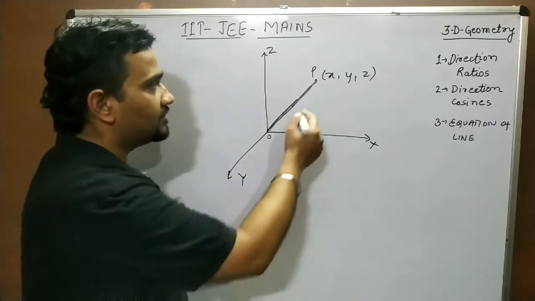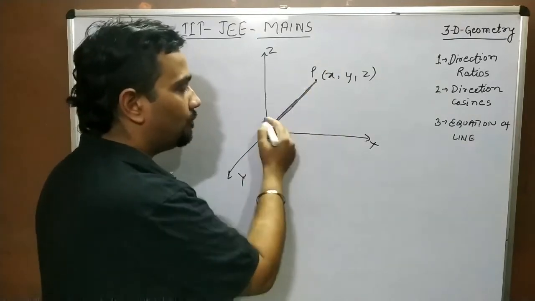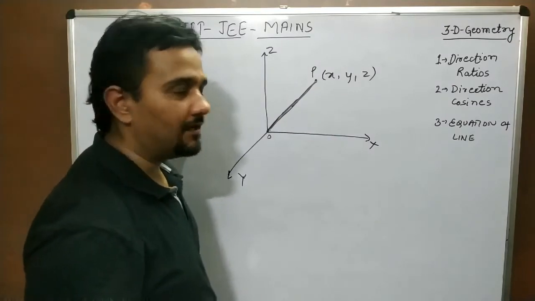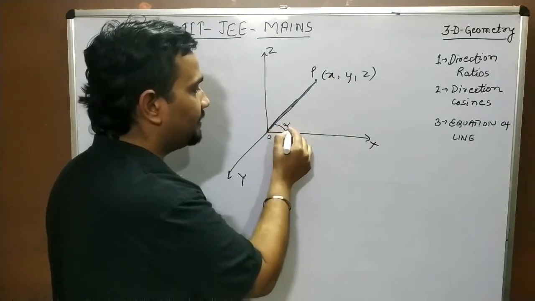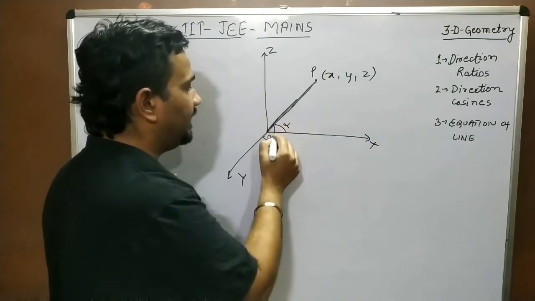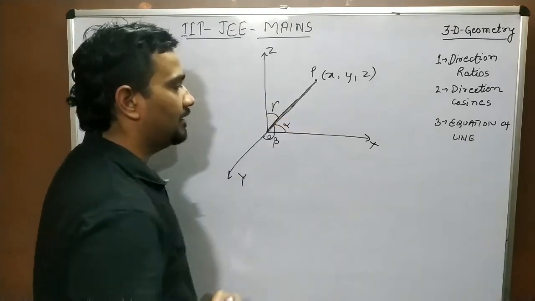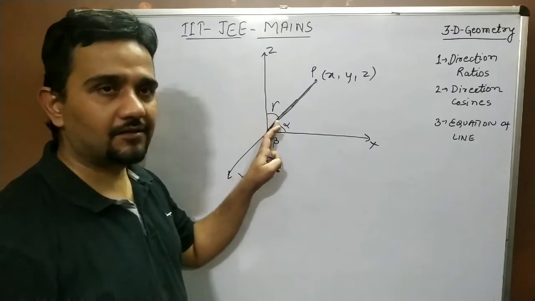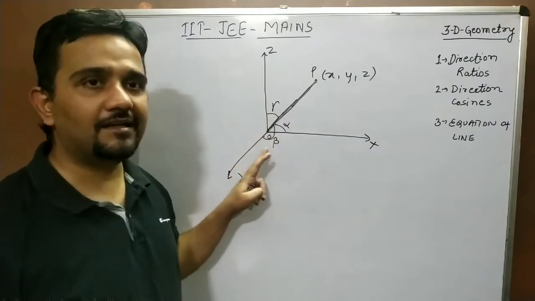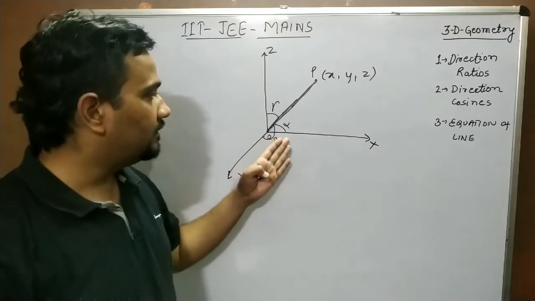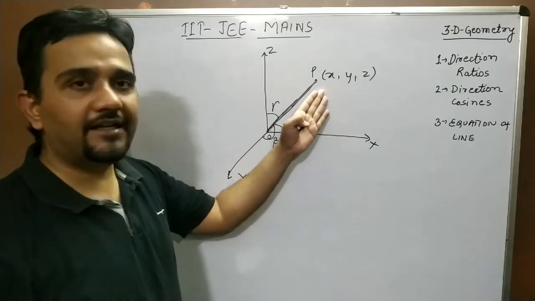Suppose this point is connected with O by the line OP, and the line OP makes angle alpha with the x-axis, angle beta with the y-axis and angle gamma with the z-axis. These three angles are the basis of locating any point in 3D geometry.